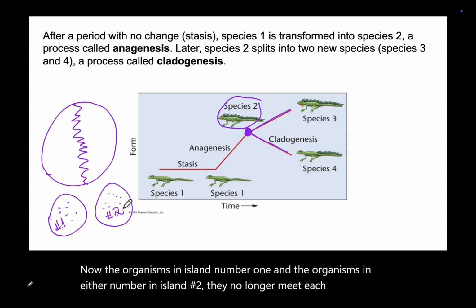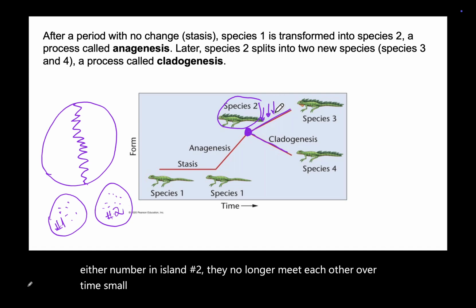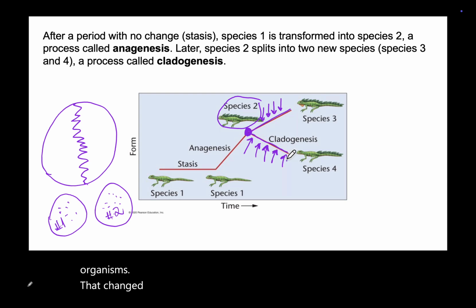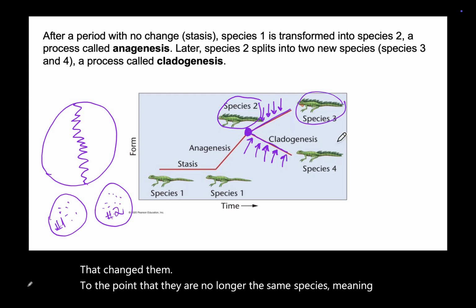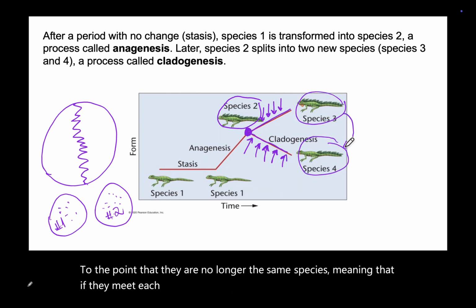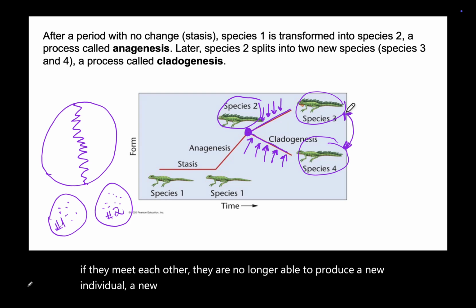Over time, small mutations and natural selection happen to these organisms that change them to the point that they are no longer the same species, meaning that if they meet each other, they are no longer able to produce a new, viable individual. Okay?